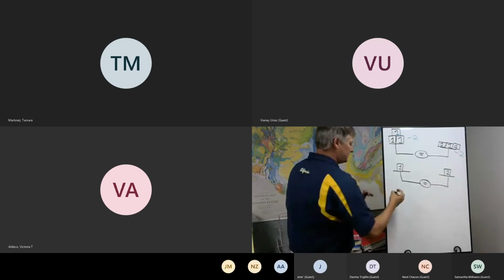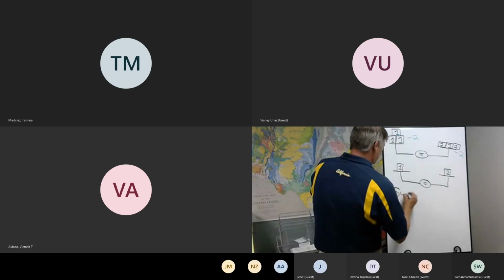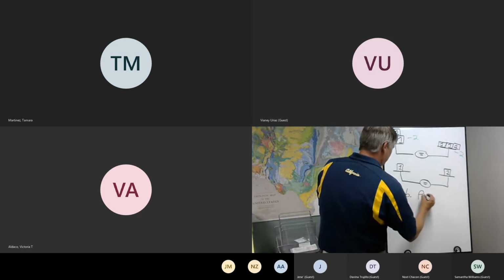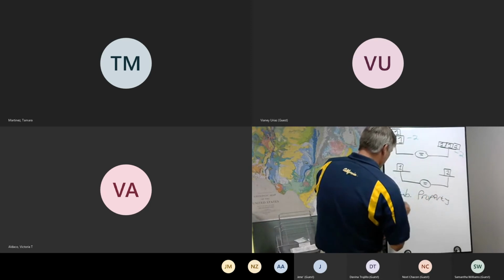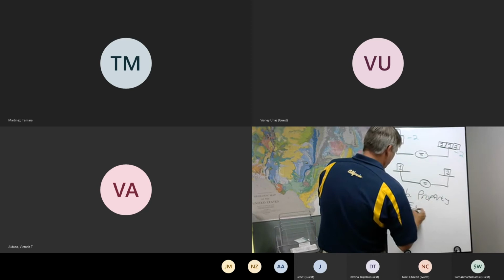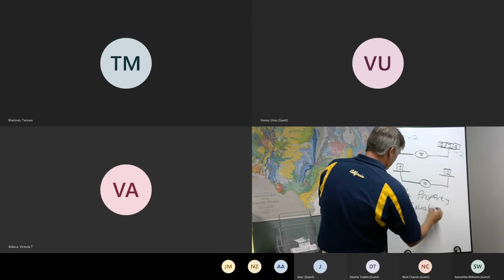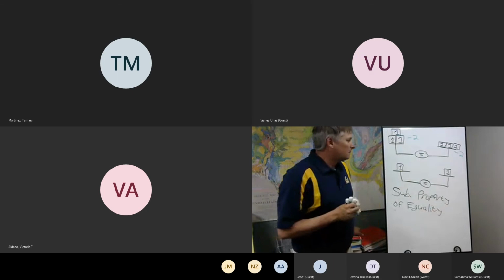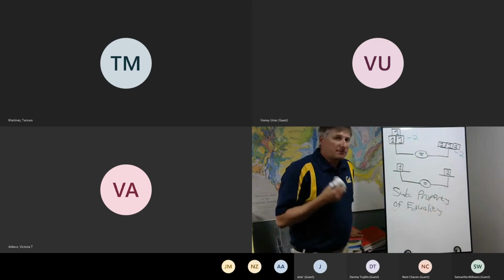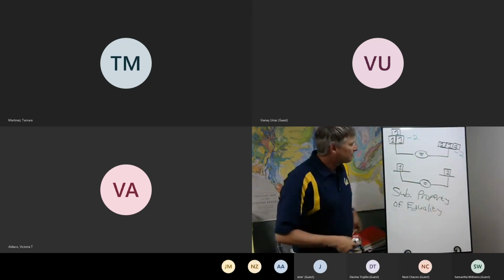And we can call this the subtraction property of equality. So when we subtract 2 from one side, we've got to subtract 2 from the other.